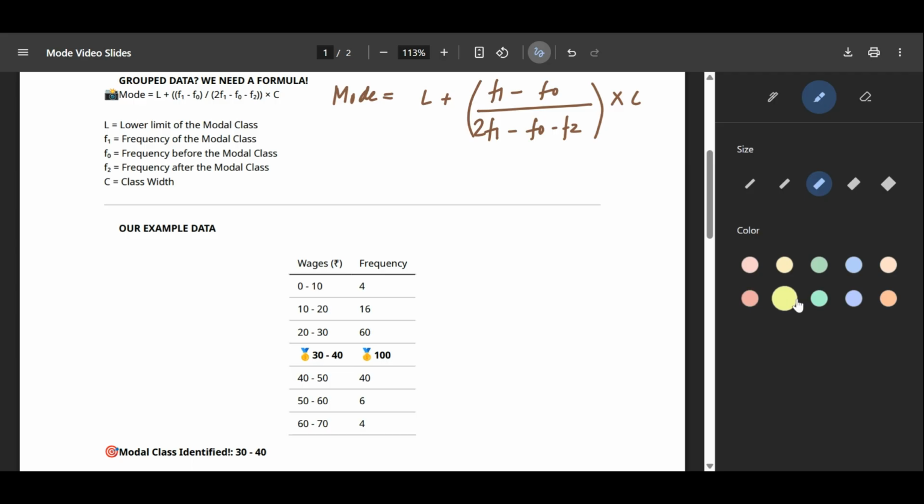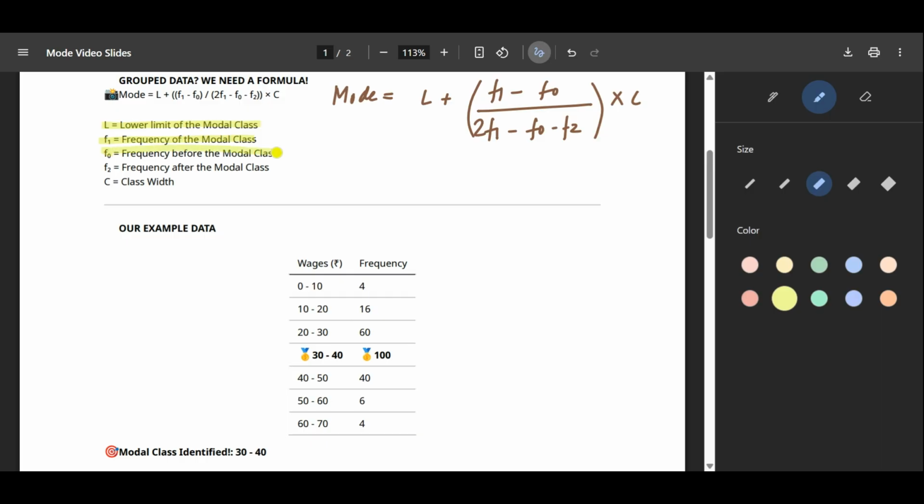So what is L? This is the lower limit of the modal class, okay? The modal class is simply the group with the highest frequency. Find the biggest frequency and look at the lower number of that group. Now, F1, this is the big one. It's the frequency of the modal class itself.